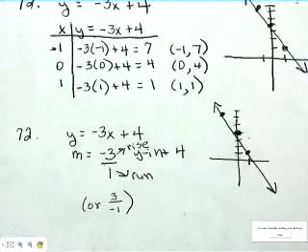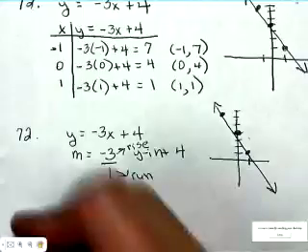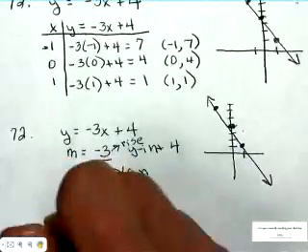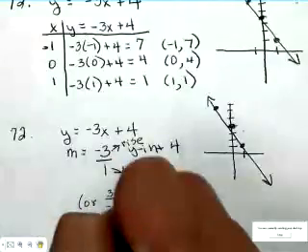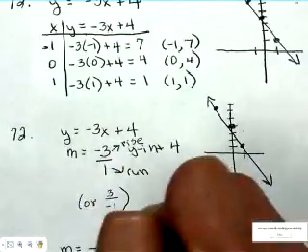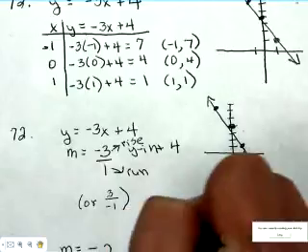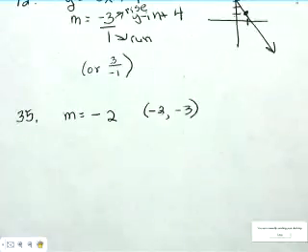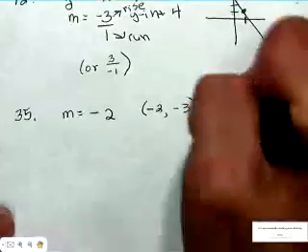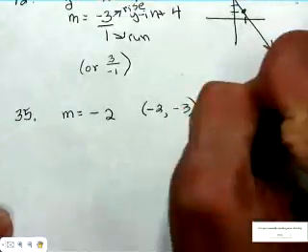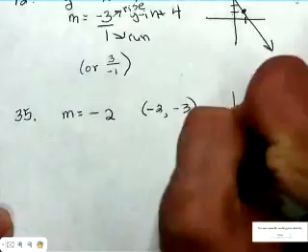What about, let's see, what's number 35? Oh, number 35 in the book doesn't give you the equation of a line. It just gives you graph the line with the slope -2 that goes through the point -2, -3. So you're not given the equation, you're just given some information about that line. You can still start by plotting that point at -2, -3.